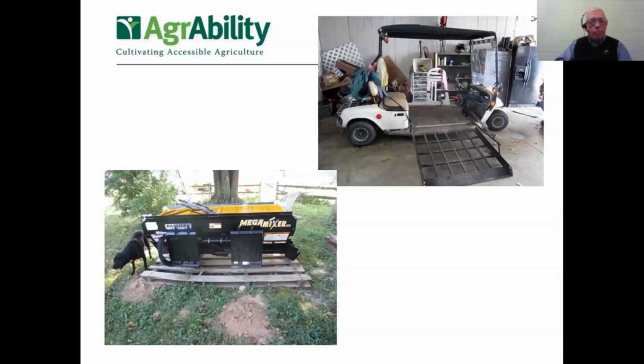On the lower left is an auger bucket, and this is a product that we found a year and a half ago. A couple of clients are using one. One of them is feeding Holstein heifers.